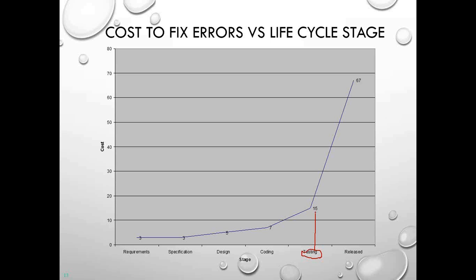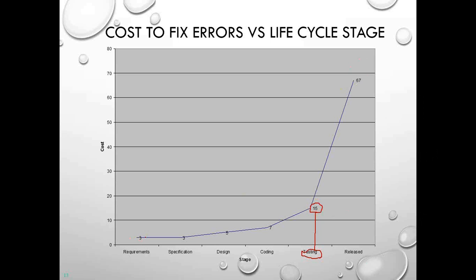If you are unable to detect it here and this goes live, you see that jump in the cost. Something which would have cost just $15 if you had identified it during testing is now going to cost $67 because you identified it after testing, after it was approved to be released. So you see that jump.